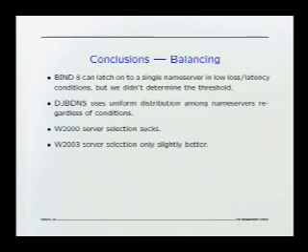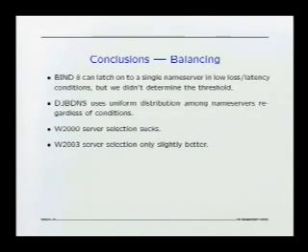So I have just a couple of conclusion slides left here. Bind 8, as we've seen, can latch onto a single name server in a low latency, low loss condition. And unfortunately, I didn't run more tests and find what those thresholds were. There must be some threshold where it decides something's not quite right and it starts to distribute the load a little bit, but I don't have those numbers.